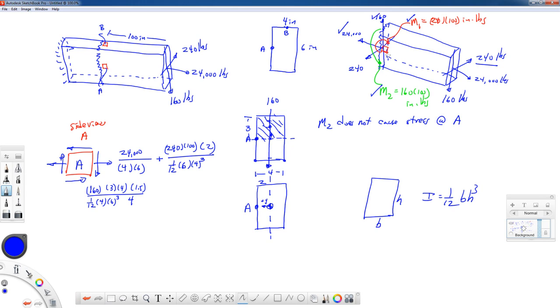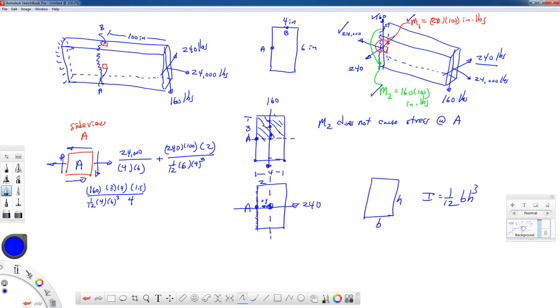The only thing left to deal with is the 240. And on the front side, the 240 goes this way. And to calculate the shearing stress at point A, we would shade in from the point of interest to the top of the cross-section. Now this 240-pound force thinks that this edge is the top of the cross-section.